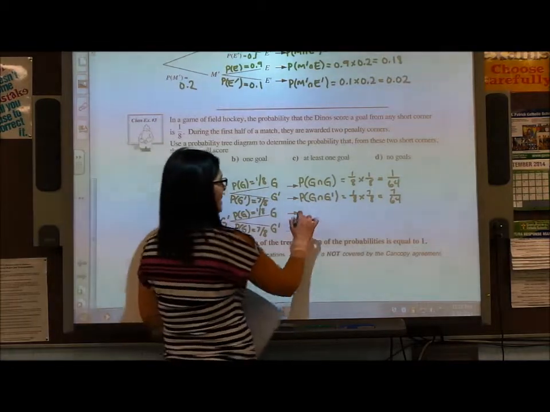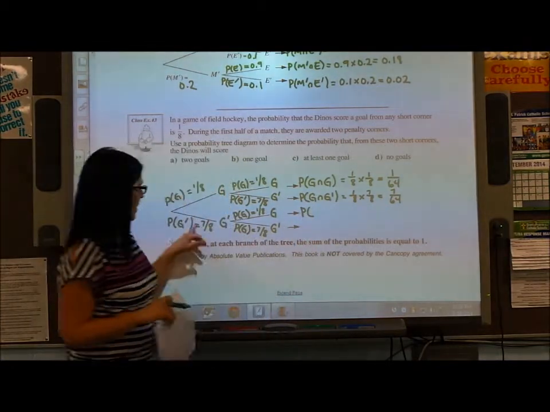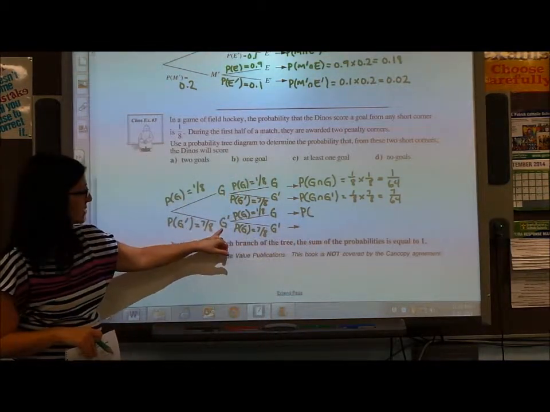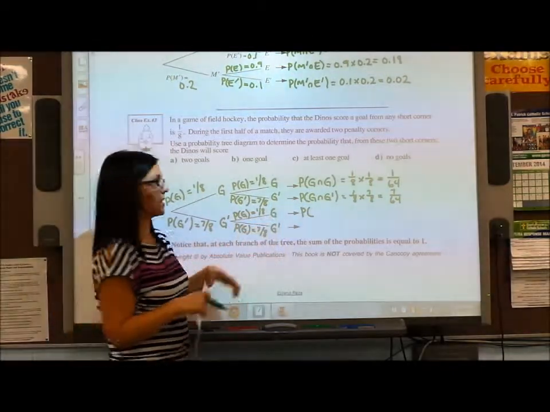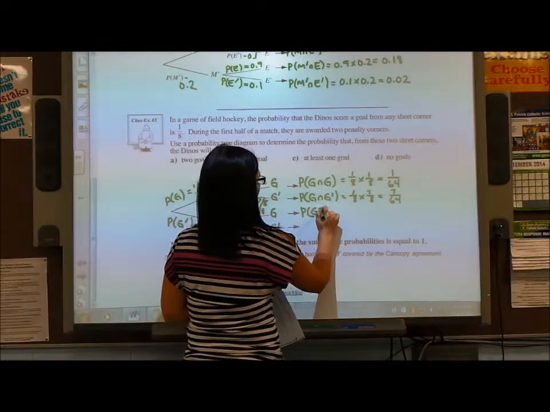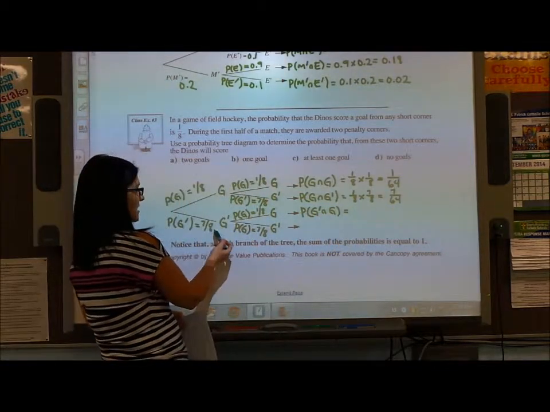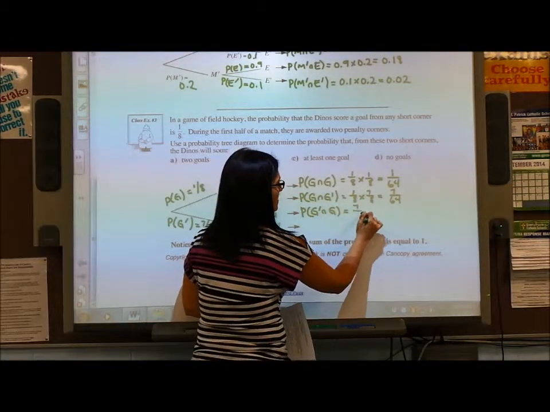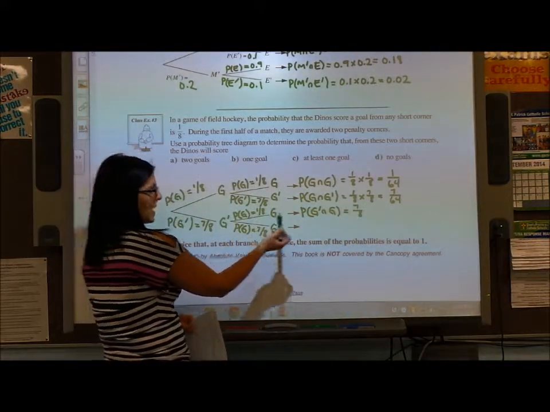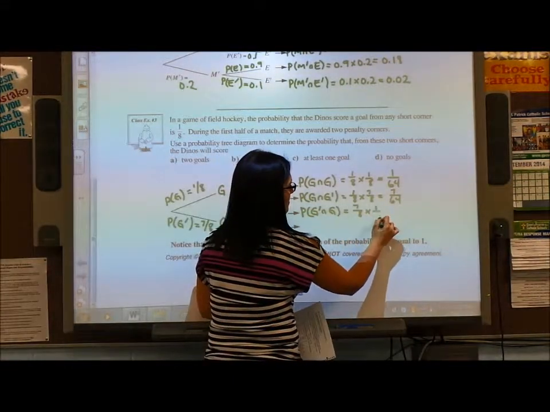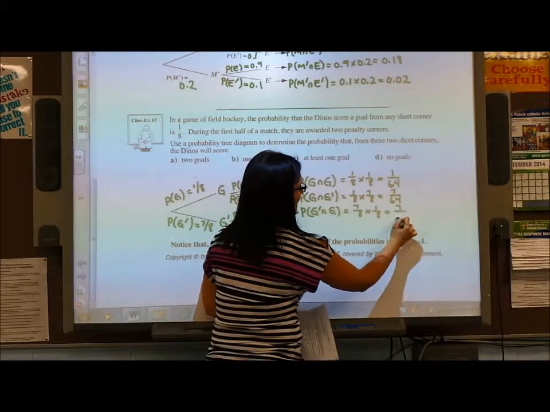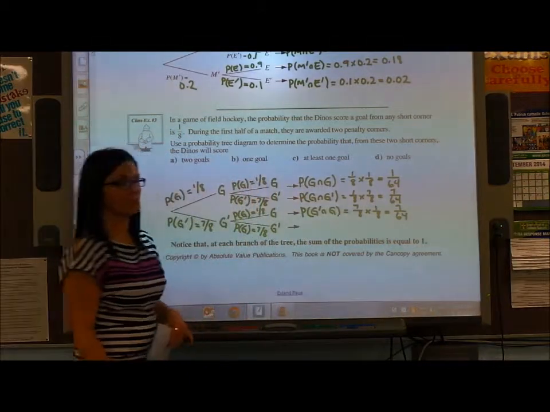Then we have the probability that they don't score on their first shot, but they score on their second. So no goal and a goal. So no goal is 7/8. Goal is 1/8. Which again gives me 7/64.